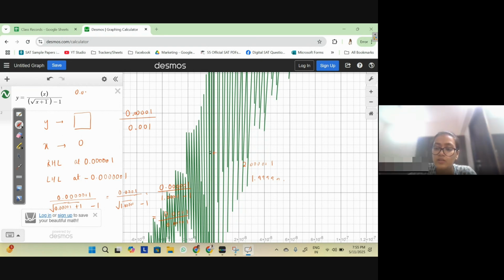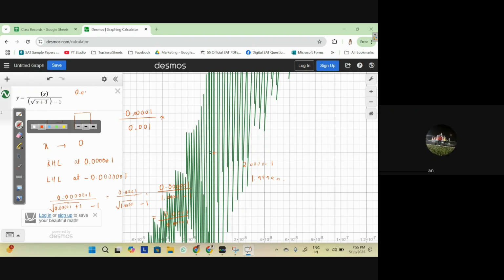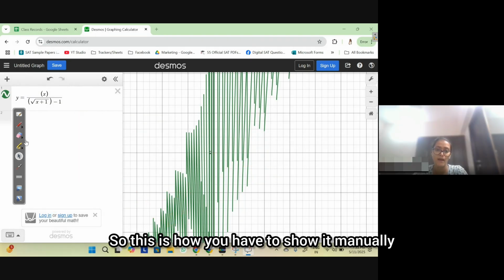And that will be 0.0001 divided by 0.01 approximately, very close to 2, like 2.0000 something. So this is how you have to show it manually.